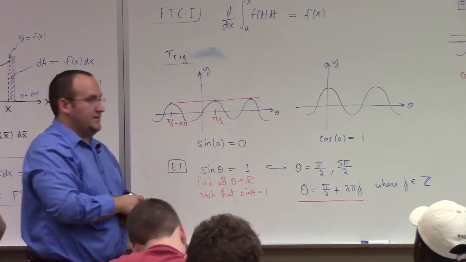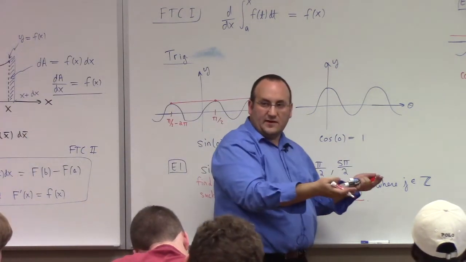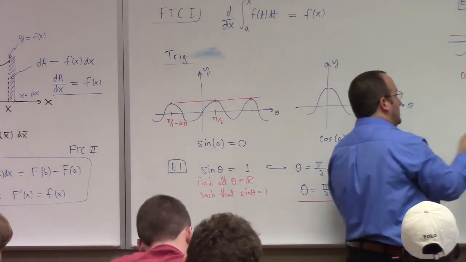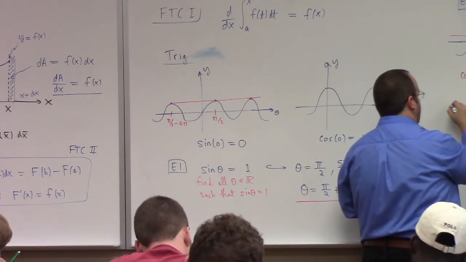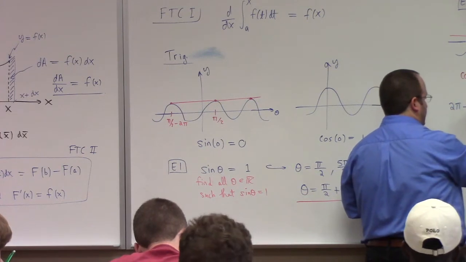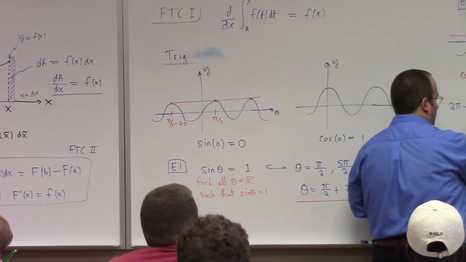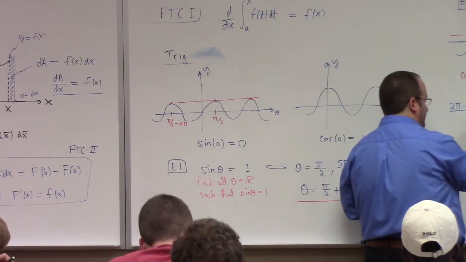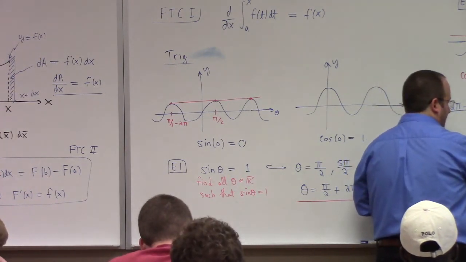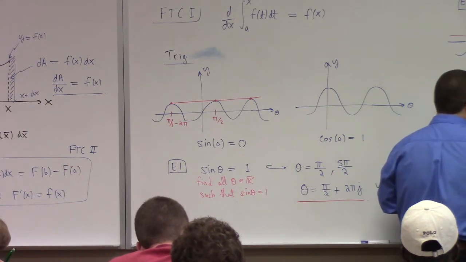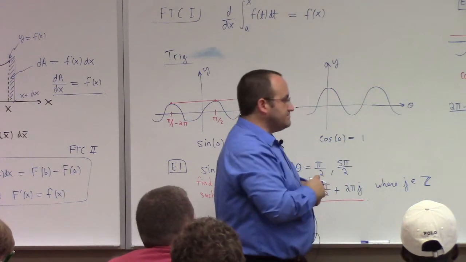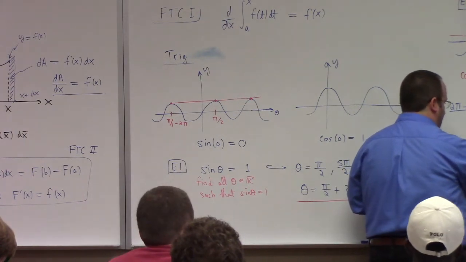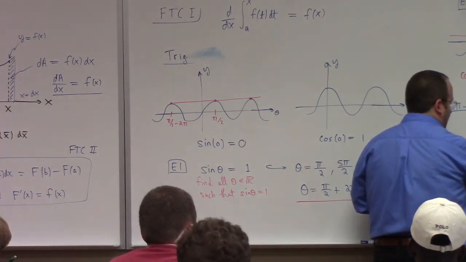But there's this 2 pi periodicity of cosine, right? I mean, one of the fundamental things we're using is the 2 pi periodicity. What does that say? We have sine of theta plus 2 pi times j is equal to what? And the cosine of theta plus 2 pi j is what?